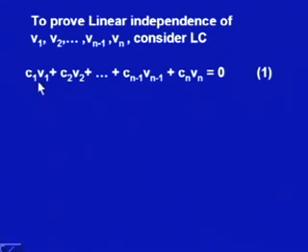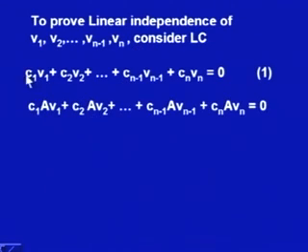So, we apply a linear transformation A to this. A is a matrix. So, let us multiply this equation by matrix A, and since it is a linear combination and A is a matrix, we can say C1 into A V1 plus C2 A V2 plus Cn minus 1 A Vn minus 1 plus Cn A Vn, and A multiplied by 0 is 0.